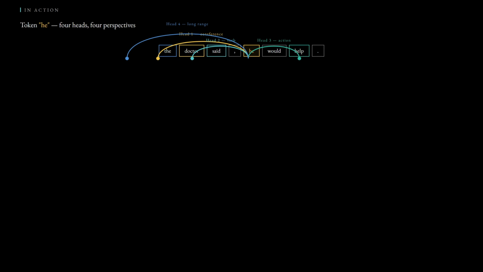When a head shows coreference sensitivity, that pattern is discovered during training, not something it was explicitly designed to do. Heads don't overwrite each other, they accumulate. Multiple heads can attend to different tokens at the same time, and their contributions are combined later. One head's attention doesn't erase another.